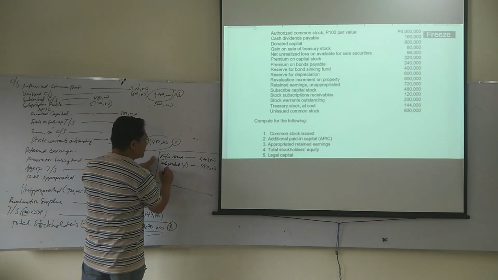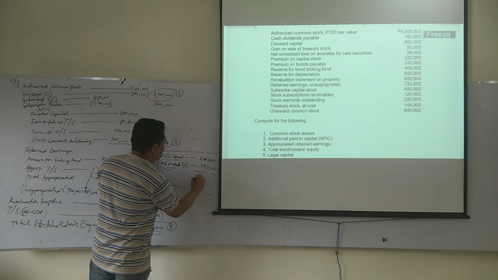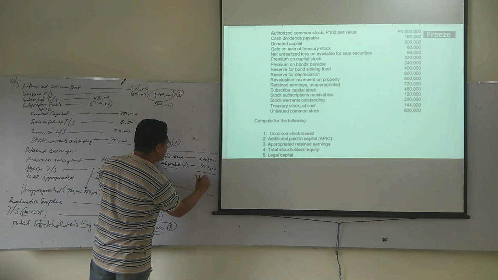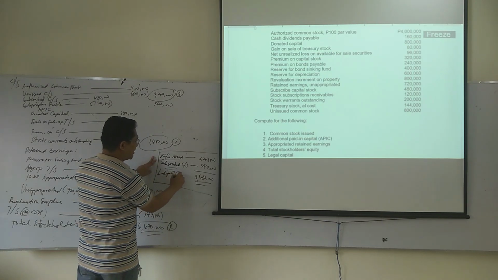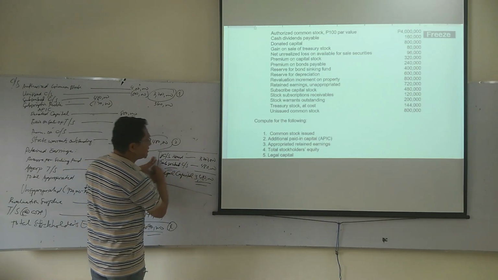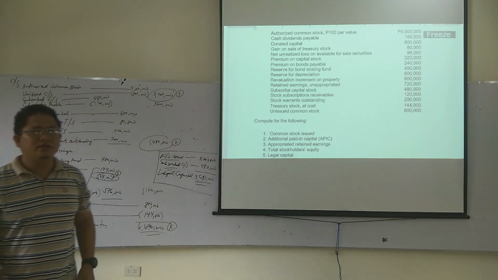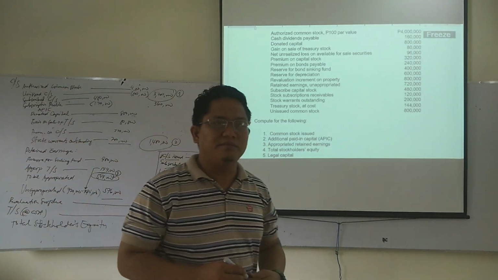So, common stock issued plus the subscribed, 3,680,000 is our legal capital. So that's our answer for stockholders' equity problem 1.